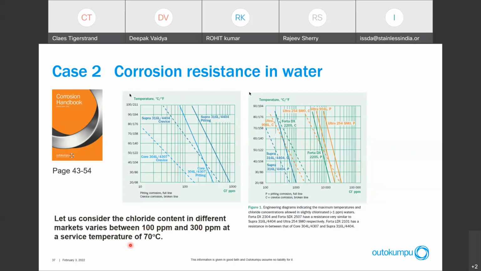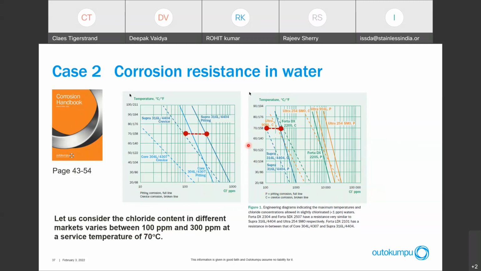And we'll look at a service temperature of 70 degrees C. So if we go into this graph, we will end up here, spanning from 100 ppm of chloride up to 300 ppm of chloride. The left-hand and the right-hand graph are the same. The difference is the chloride content range. The left is from 10 to 1000, and the right-hand is from 100 to 100,000.